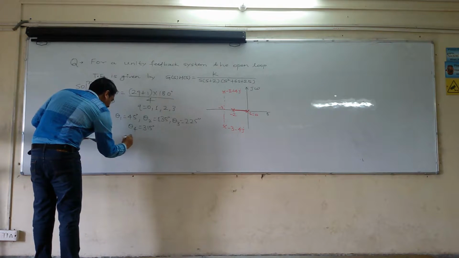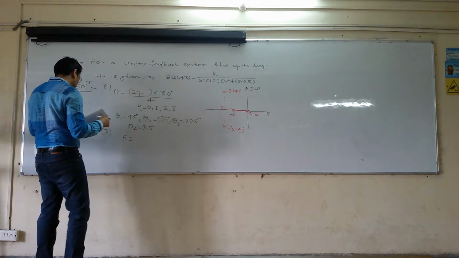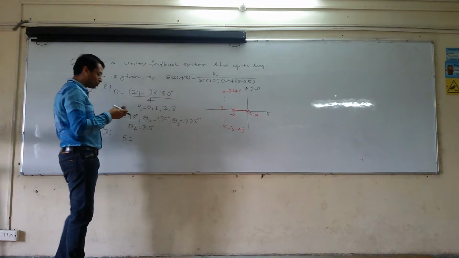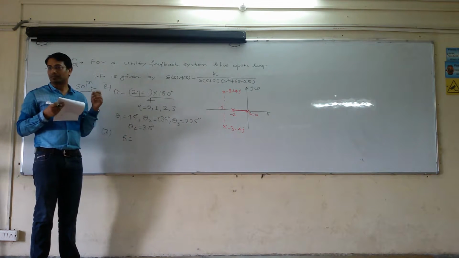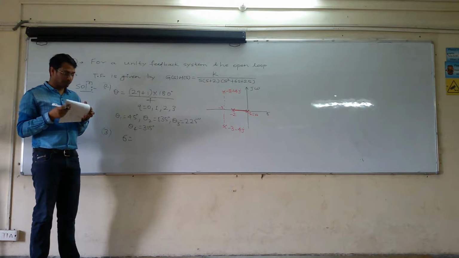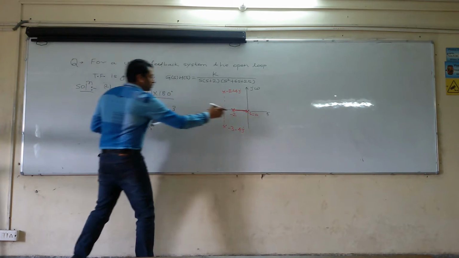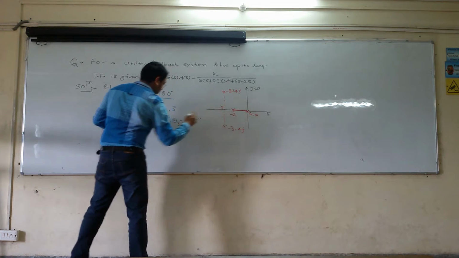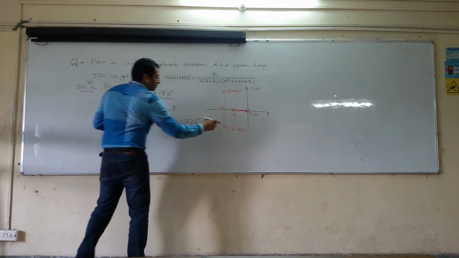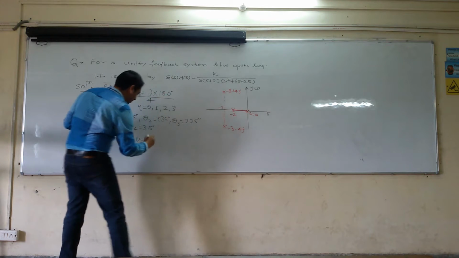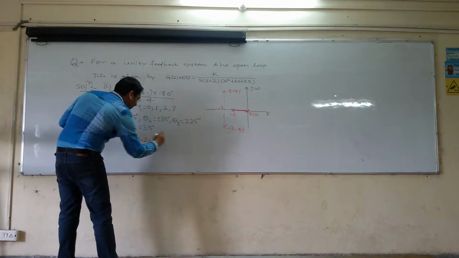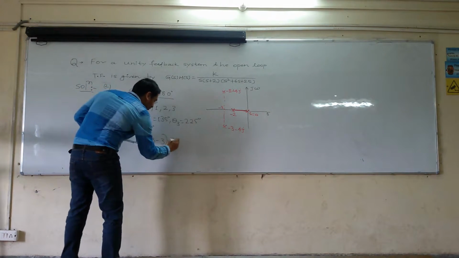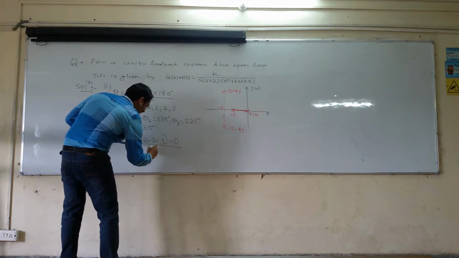This will be equal to sigma. Sigma is equal to summation of the real parts of poles minus real parts of zeros divided by 4. What it will be? Real part of the poles: 0, plus real part of -2, plus -3, and plus -3, minus the summation of real part of zeros, since there are no zeros, divided by p minus z.